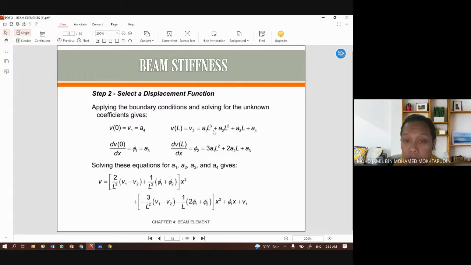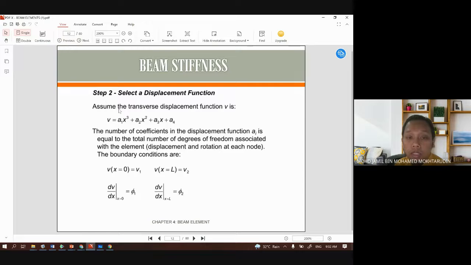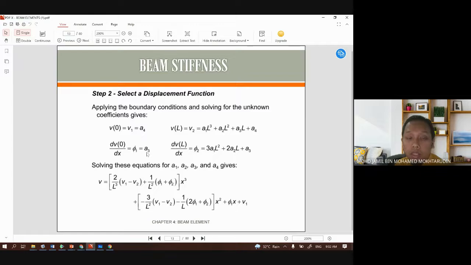For v2, we get this equation after we substitute x equals L. Then we repeat for dv over dx. First we differentiate dv over dx, and then substitute x equals 0. So we get phi1 equals a3, which gives us our a3. Then we differentiate dv over dx and substitute x equals L, so we get phi2 equals this.